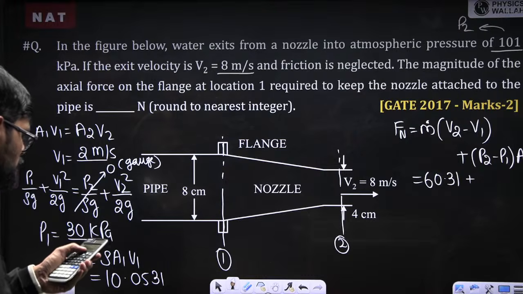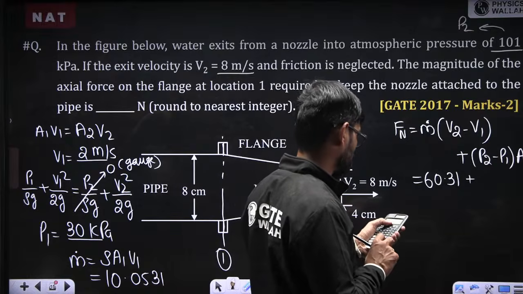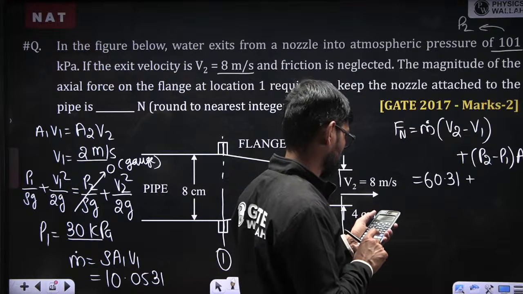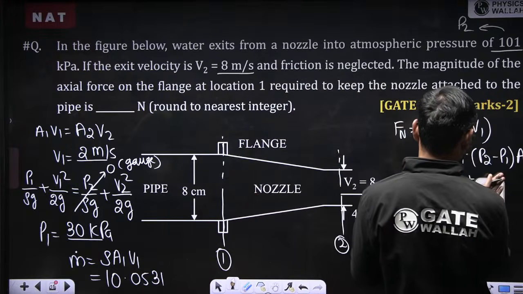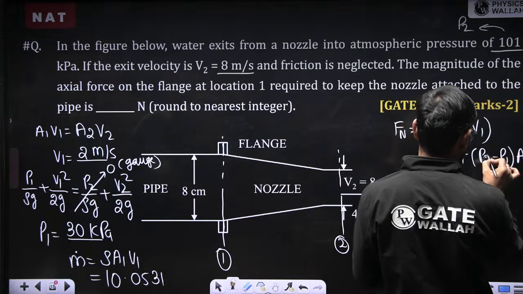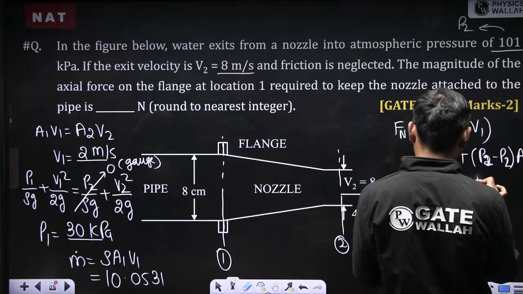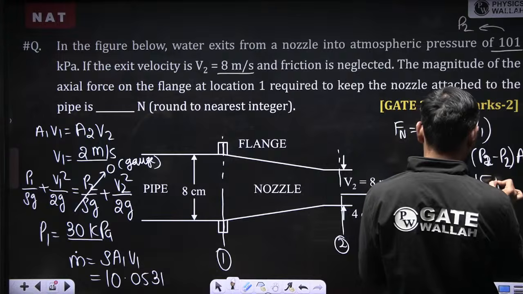So minus 60 point. This value will come as P1 minus P2, so drop is actually considered. So minus this value is coming 150.8, right?